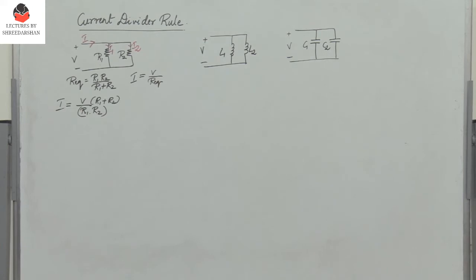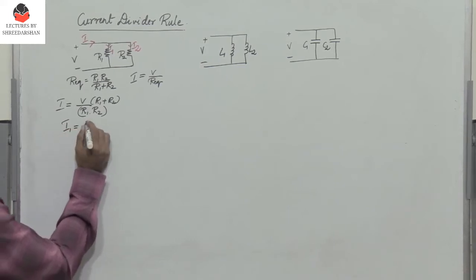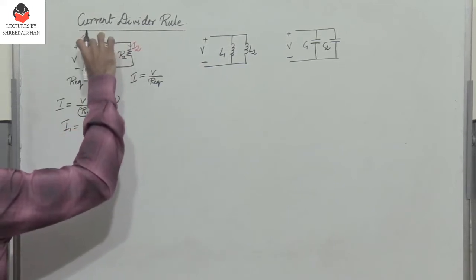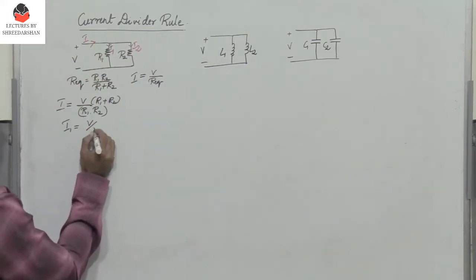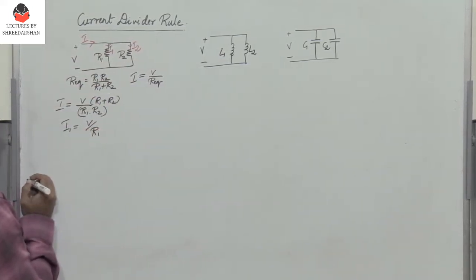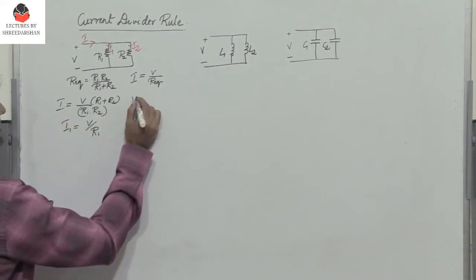So next we need to find I1. So what is I1? I1 is very simple, it is voltage. The voltage across R1 is V, voltage across R2 is also V, so it is V by R1. And from this expression, let us calculate V. What is V?